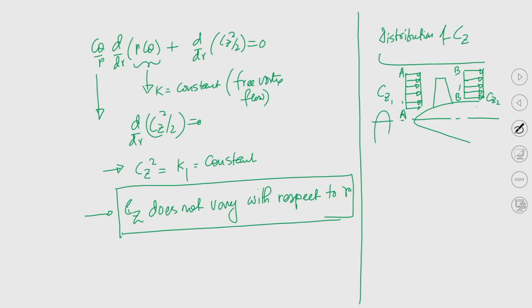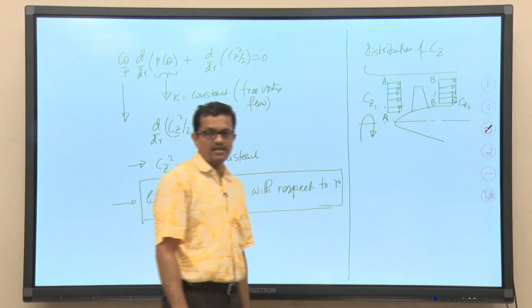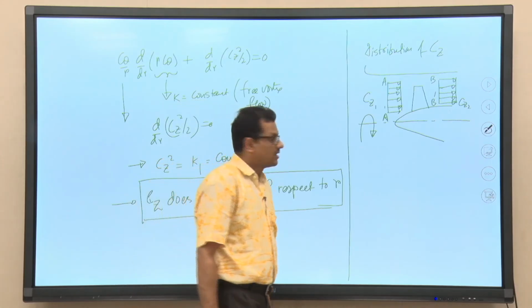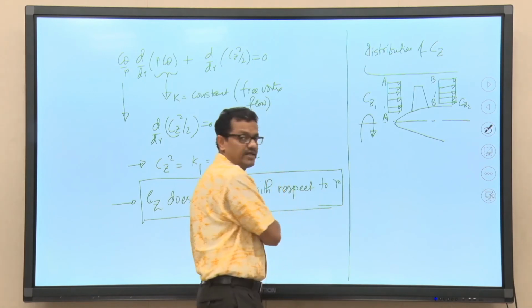So, this is the rotation, and this is the axial velocity distribution we have obtained from this particular equation.